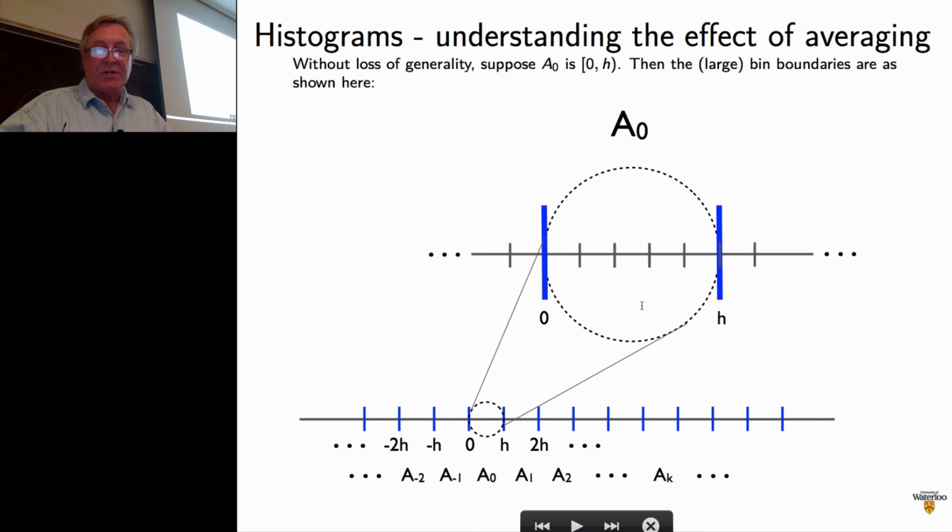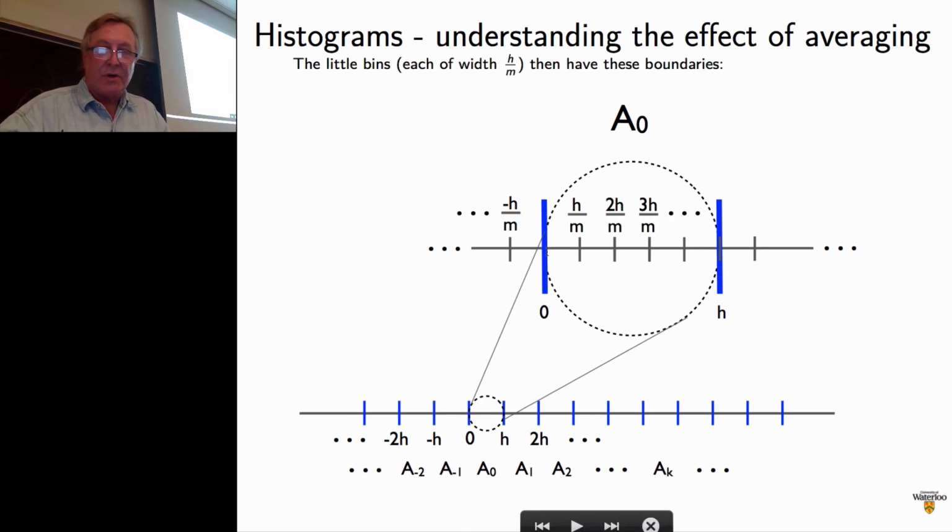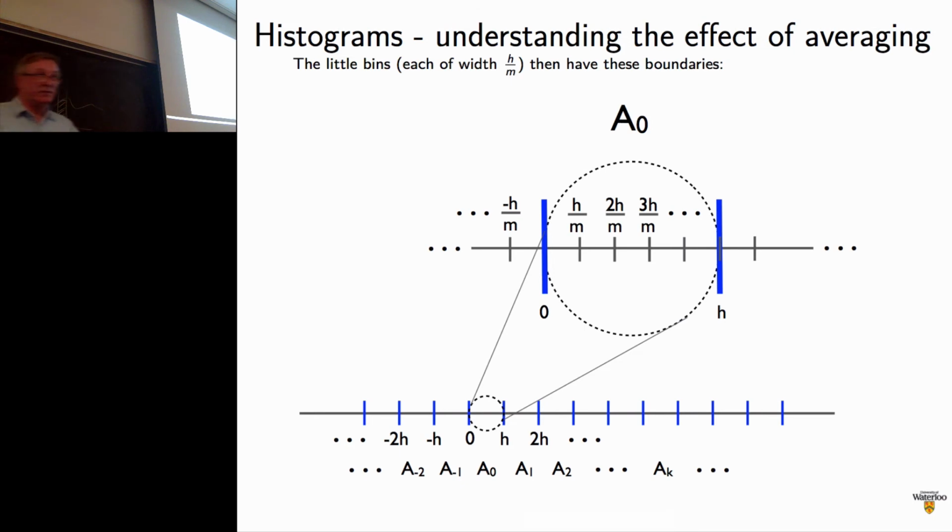So if this goes from 0 to h, I know that each one of these things is width h over m, right? Which means this one goes from 0 to h over m, this goes from h over m to twice h over m, twice h over m to 3 times h over m, etc. And same in the other direction, if that's the origin. Okay? So I do have the coordinates of all of those tiny bin boundaries.